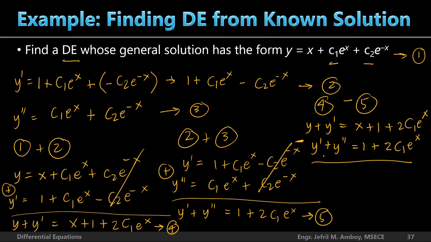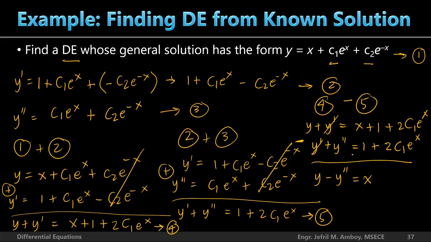Here, we do not have any term containing y, so y minus 0 is just y. And then y prime minus y prime, these two terms will cancel. Okay, and then 0 minus y double prime will give us negative y double prime equals, so here I do not have any term containing the variable, I have no power function of x, so x minus 0 is just x.